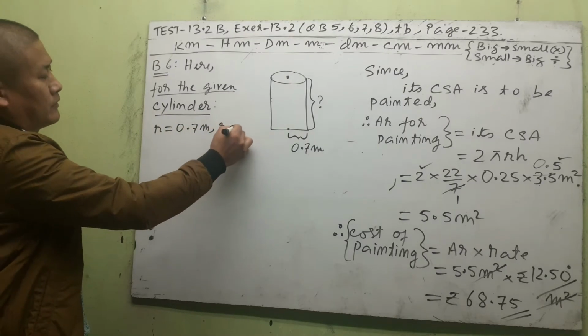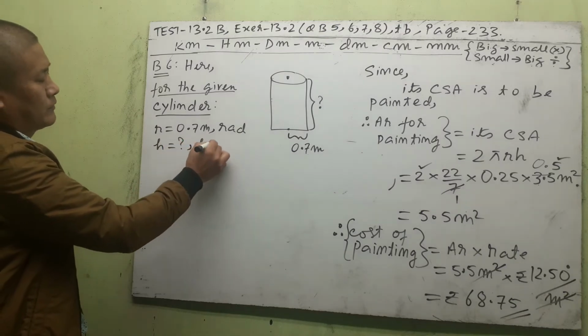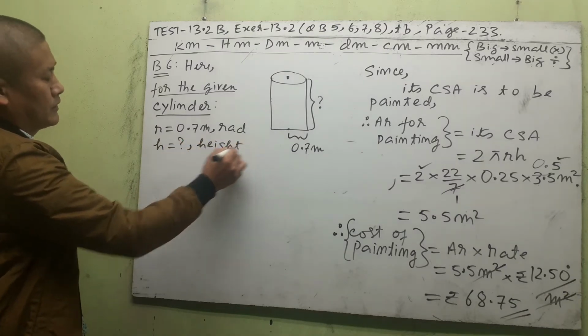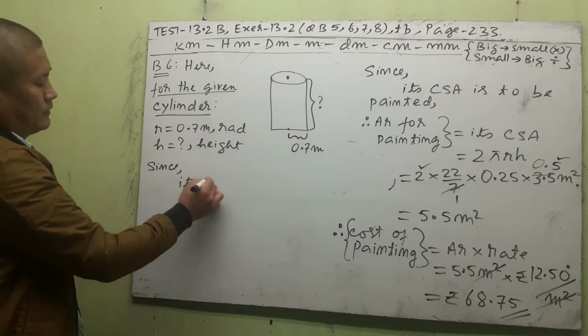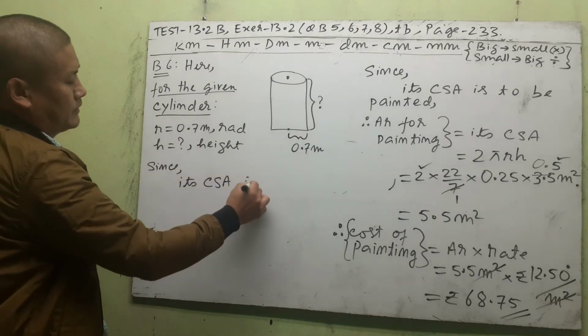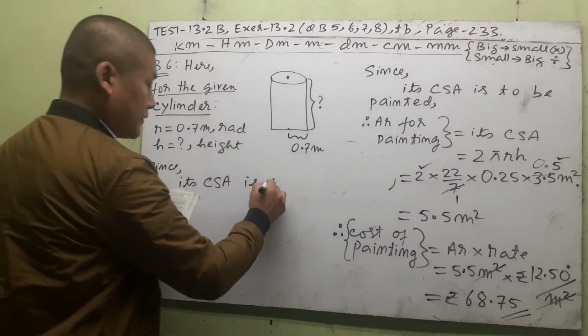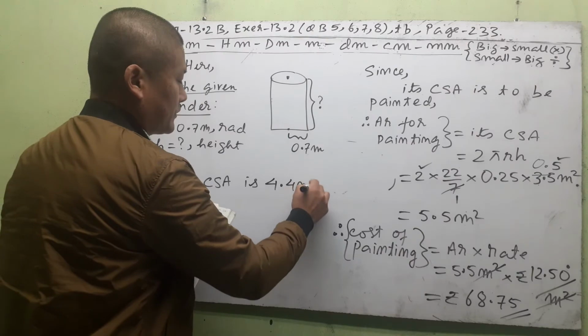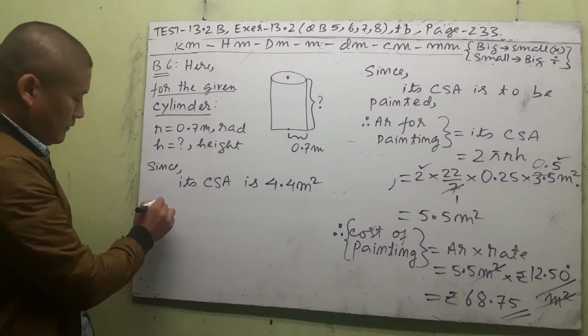H is height, question mark. We have to find this, the question is asking us. But since the question says its curved surface area is given as 4.4 meters square, we can make use of this and find out.